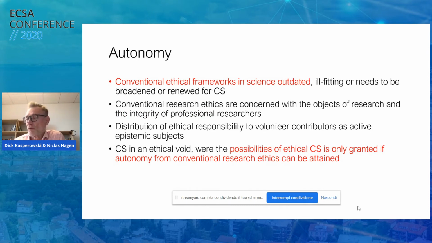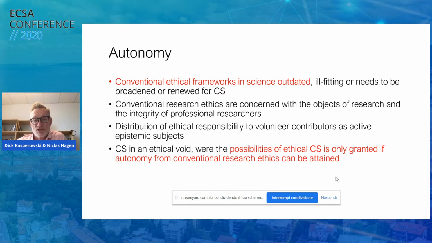Autonomy is another form of ethical boundary work employed by researchers in citizen science. That is the argument that conventional ethical frameworks in science are outdated, ill-fitting, or need to be broadened or renewed for citizen science. Conventional research ethics are concerned with the objects of research and the integrity of professional researchers. As you distribute responsibility in the research process to volunteer contributors as active epistemic subjects, the question is if you can also distribute ethical responsibility to them.